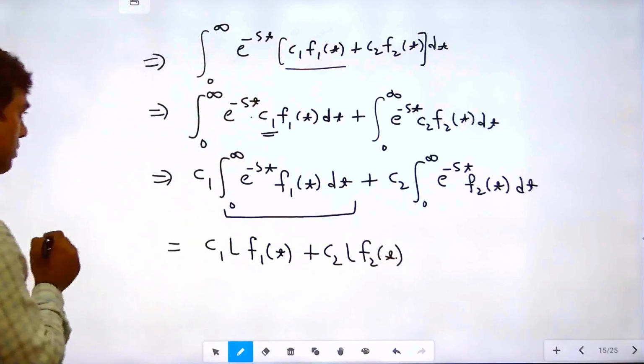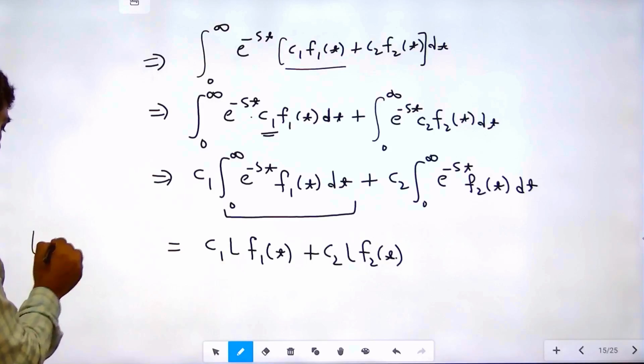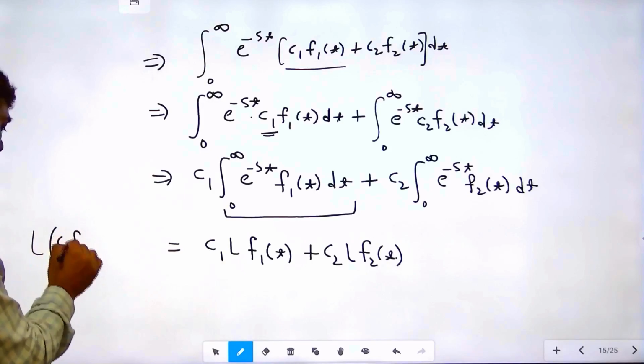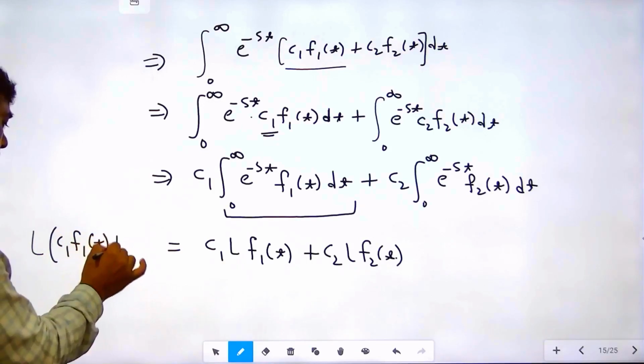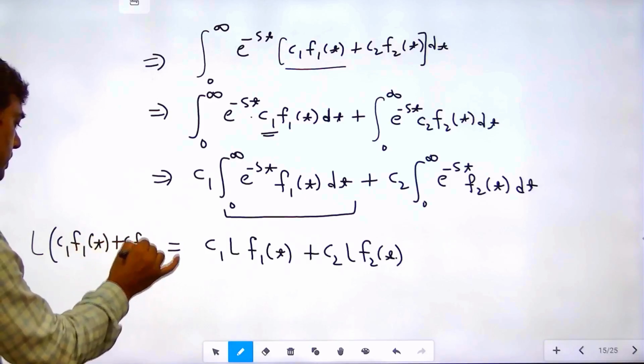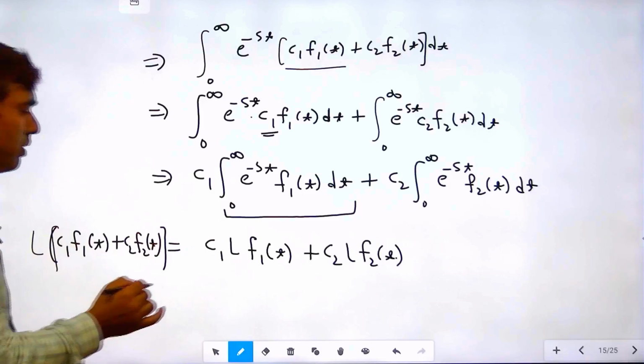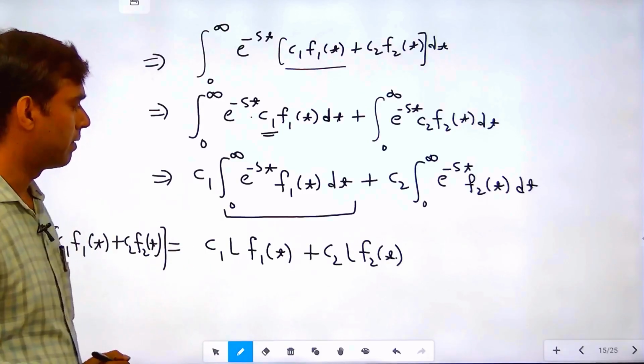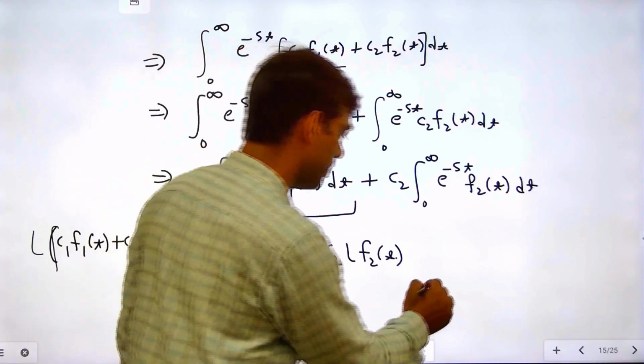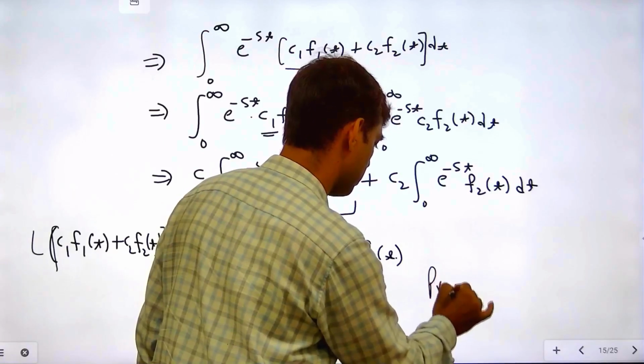So on the left hand side, Laplace transform of c1 f1(t) plus c2 f2(t) equals c1 Laplace transform of f1(t) plus c2 Laplace transform of f2(t). So this is proved.